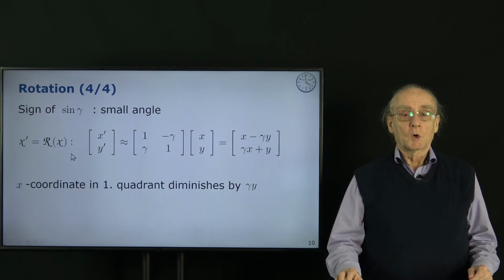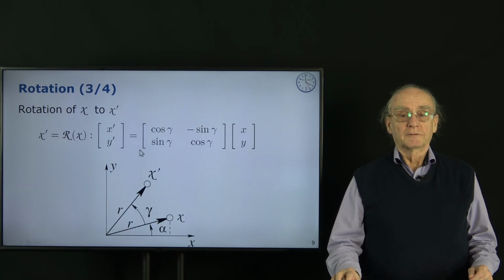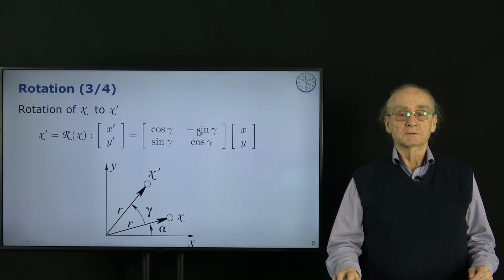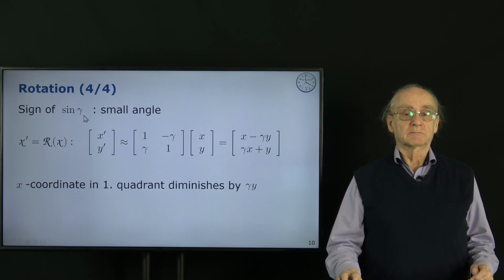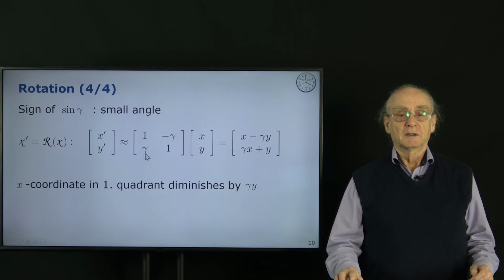Now, how do we know what the sign of this off diagonal is? Sometimes you see it here, sometimes you see it here, as in this case. Now let's assume we have a small angle. Then the sine of an angle is close to gamma. That means the rotation matrix is approximately this matrix. So you have a minus gamma here.